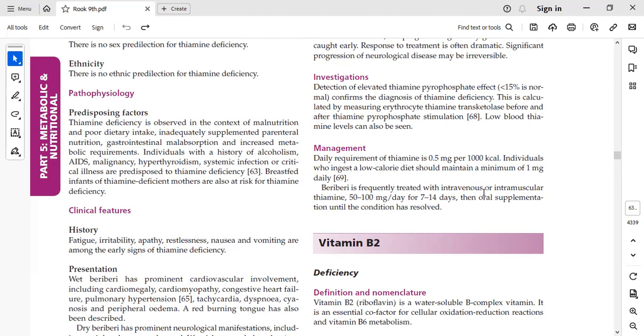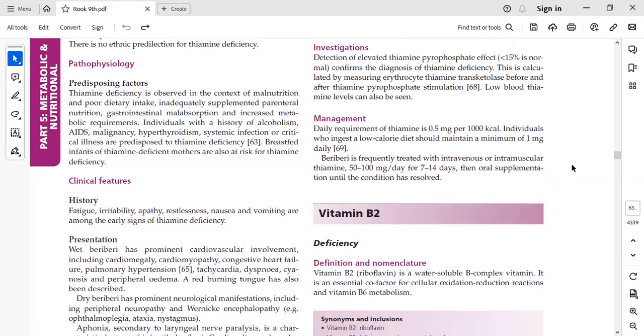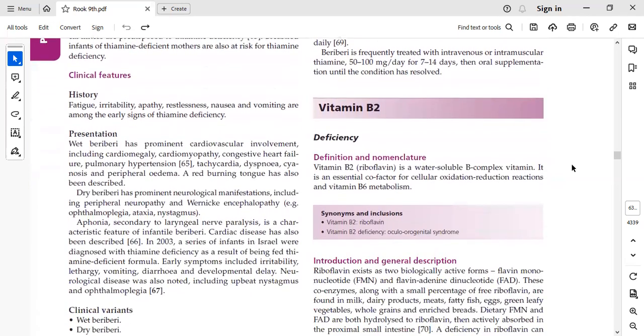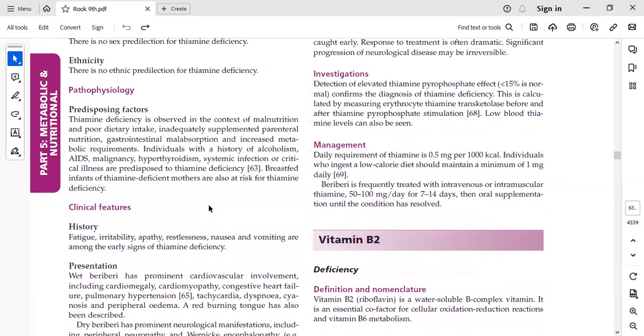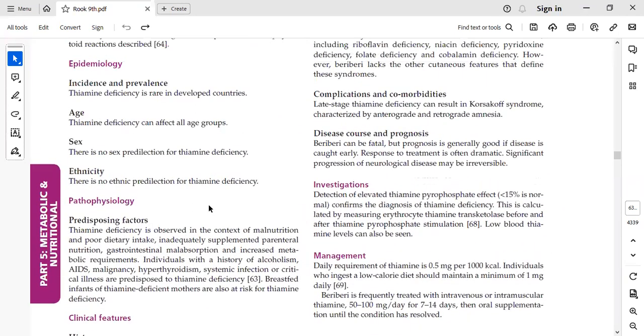The clinical variants of thiamine deficiency include wet beriberi, dry beriberi, and infantile beriberi. These three are the major clinical variants of thiamine deficiency. In wet beriberi, there is prominent cardiovascular involvement.